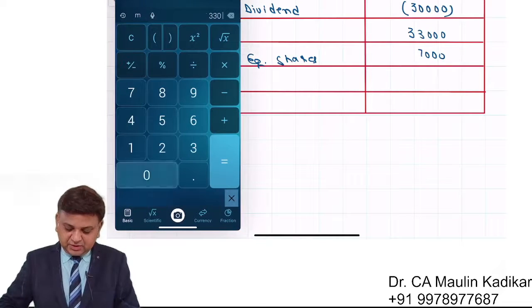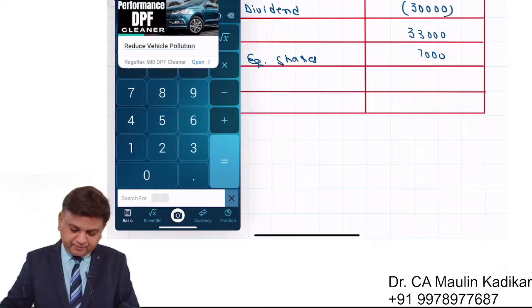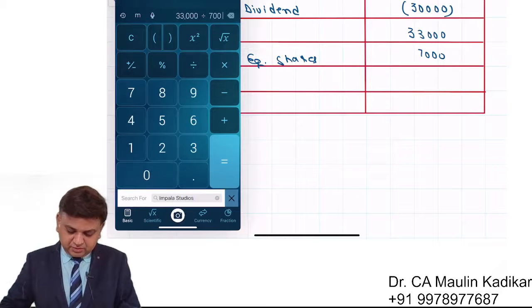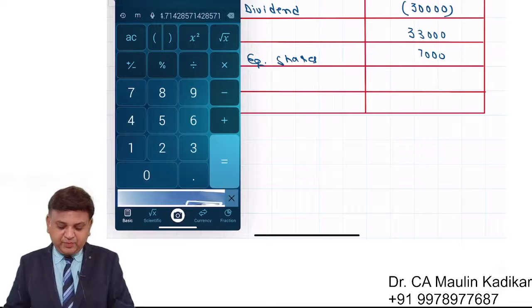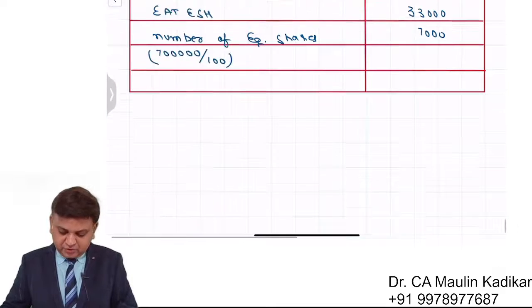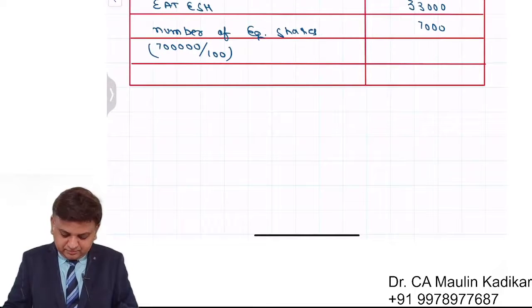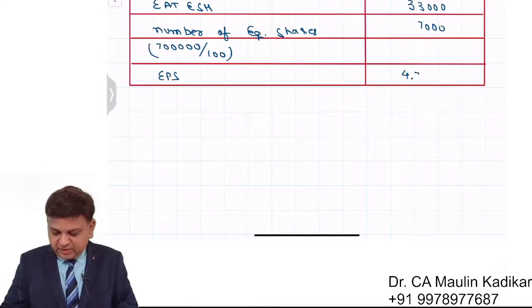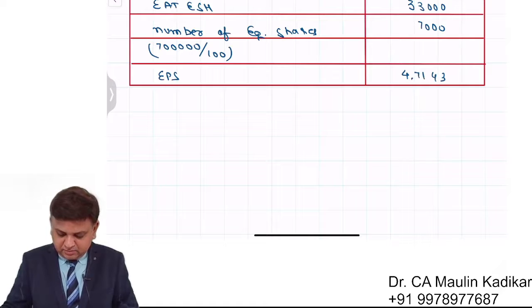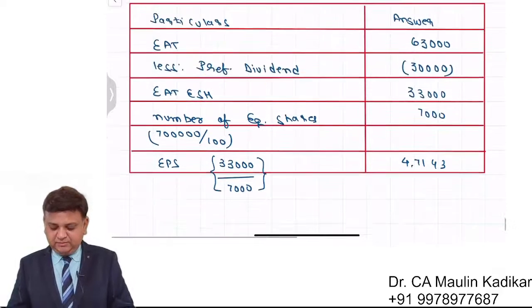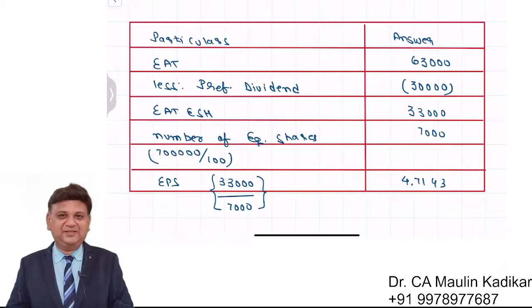Use your calculator: 33,000 divided by 7,000 is 4.7143. So earning per share is 4.7143. That is the way EPS is calculated. Please write down the answer.